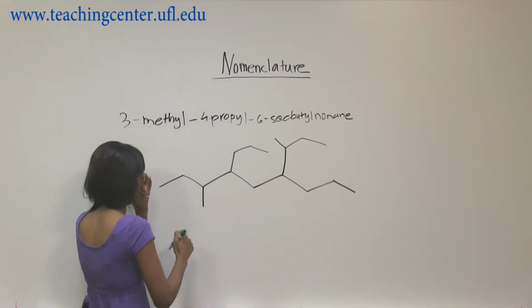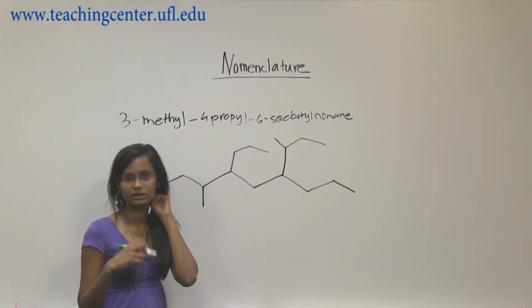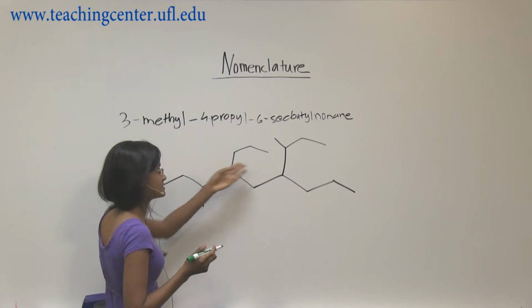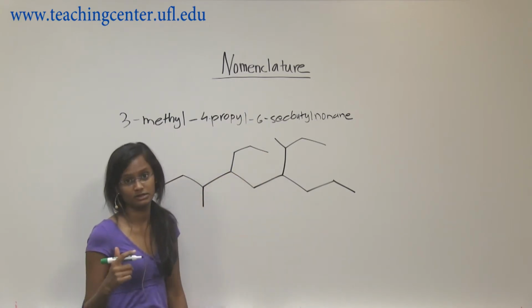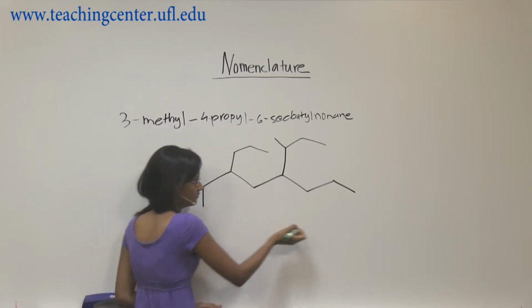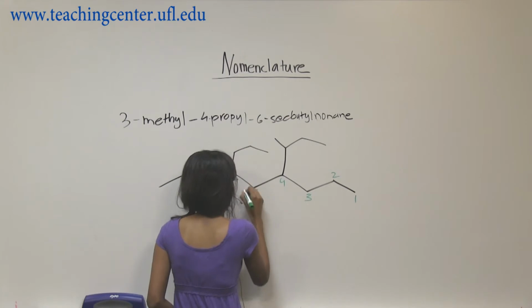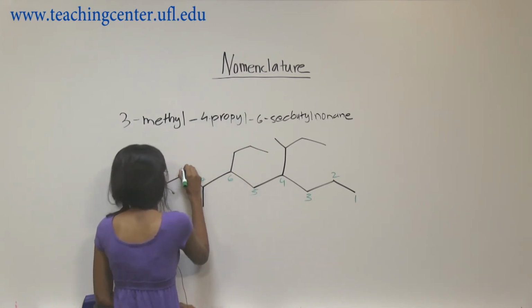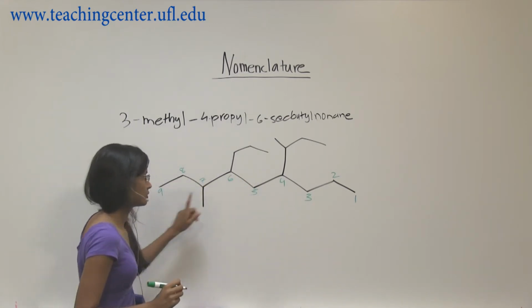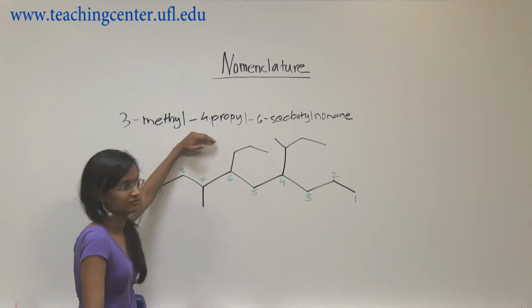Okay, so you have to go every single side to check the longest carbon chain. Sometimes your substituents end up being the longest carbon chain as well. So let's start from just anywhere. Let's start here. 1, 2, 3, 4, 5, 6, 7, 8, 9. This was your original numbering. If you leave it the same way, it would give you this name.